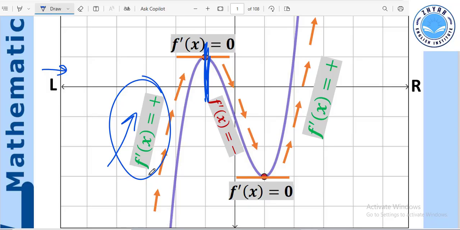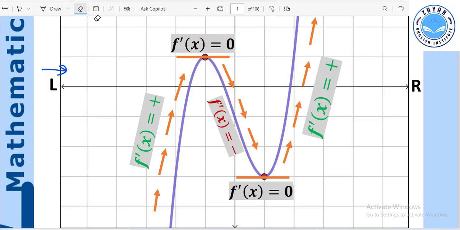That means from left to right, it's going up. Similarly, if the derivative is negative for some intervals, then those intervals are going to be decreasing. And the opposite is also right. If an interval is decreasing, f prime is going to be negative.